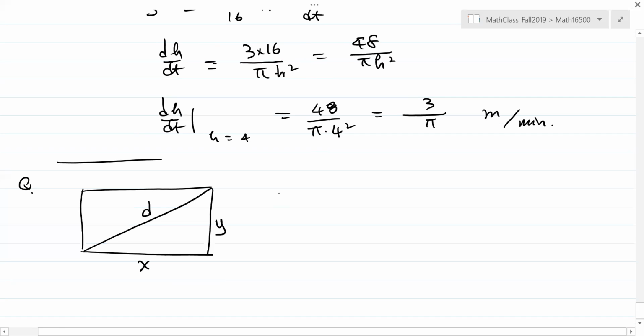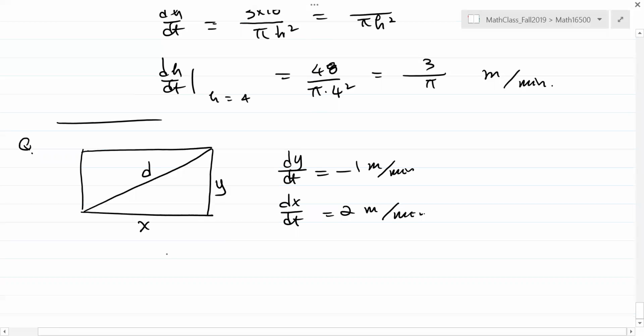So we know that the width is decreased by 1 meter per minute, and the length is increased by 2 meters per minute. Okay, we want to find out how fast the length of the diagonal increases when x and y equal the given values.